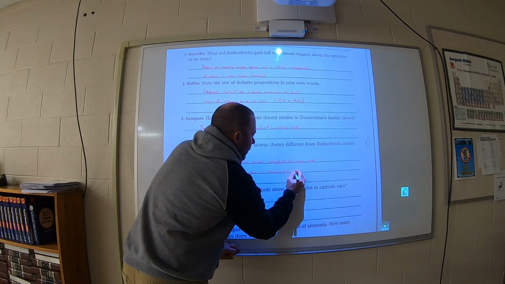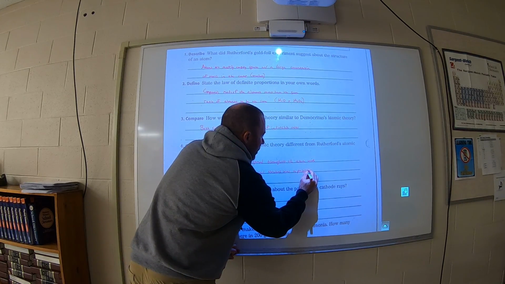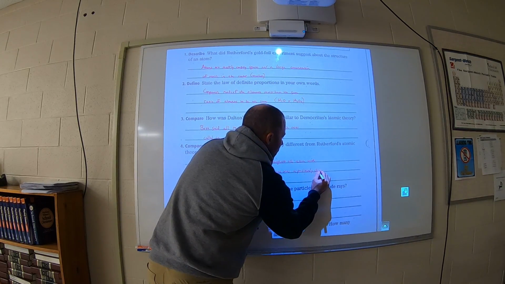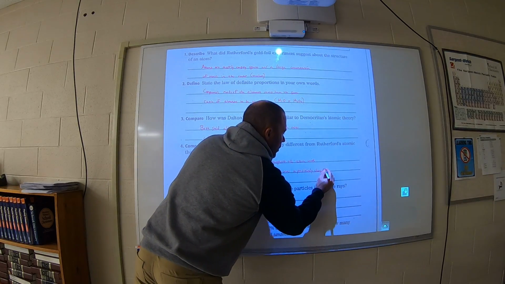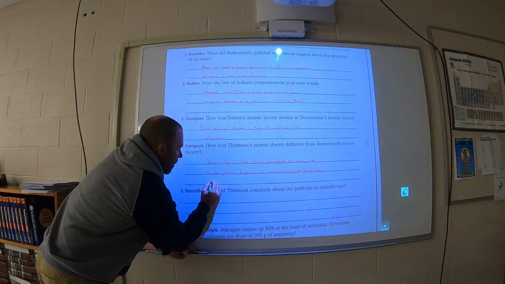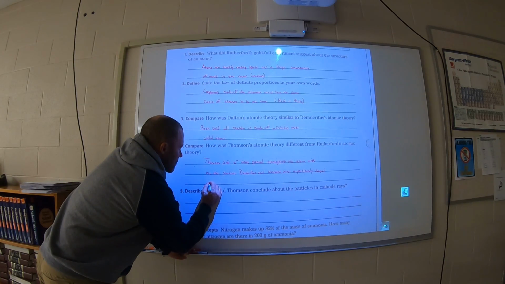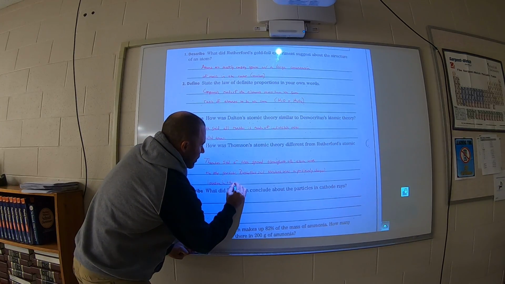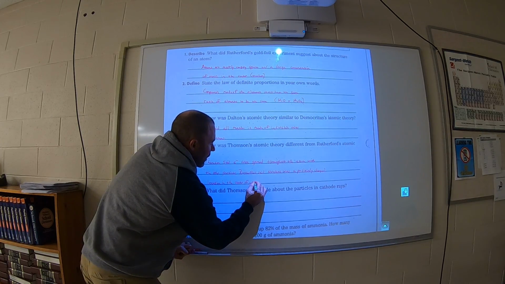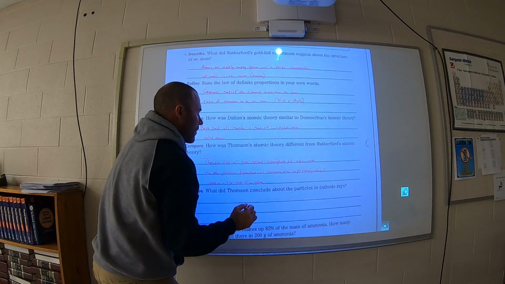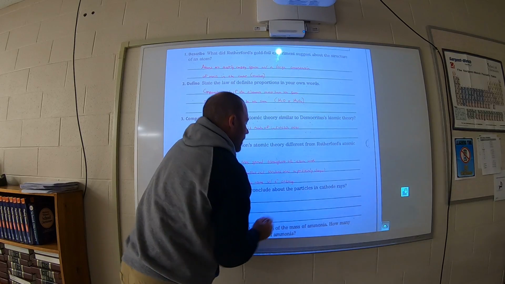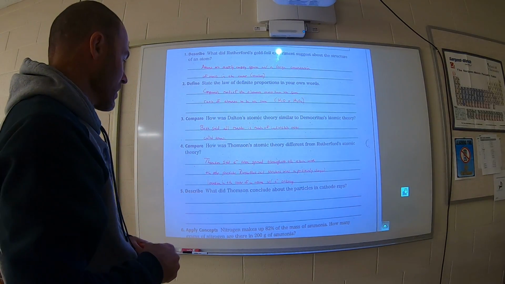Nucleus was a positively charged location in the center of an atom with electrons orbiting. And that positively charged center was very, very small compared to the rest of the atom.